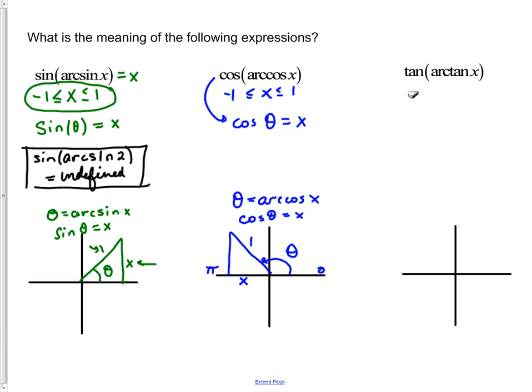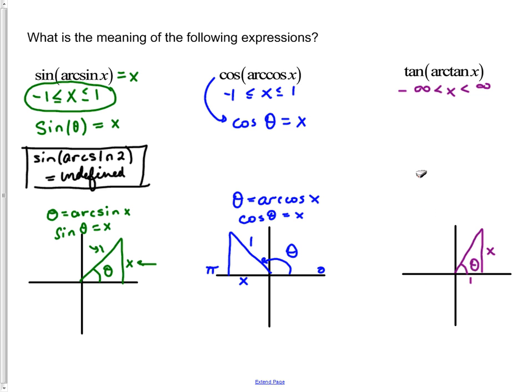Same thing again for arctangent of x, provided that x is a value somewhere in the set of real numbers from -infinity to +infinity, then there exists some angle theta on the interval from -pi/2 to +pi/2, such that the ratio of opposite to adjacent is x. Right?